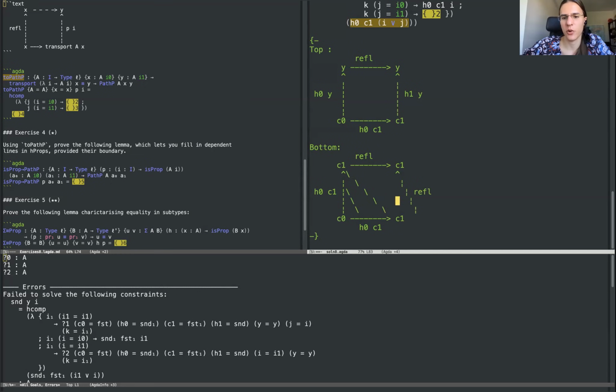It's not an equal number of spaces, but you get the idea, right? I want these to be the lines at which the function is constant. So if I and J is anywhere along this line, then it should have the value H naught of C1 of I1, right? And then everywhere here, it should have the value H naught C naught of I1.